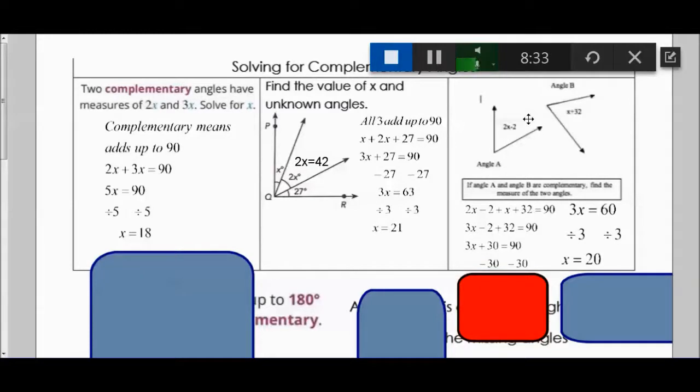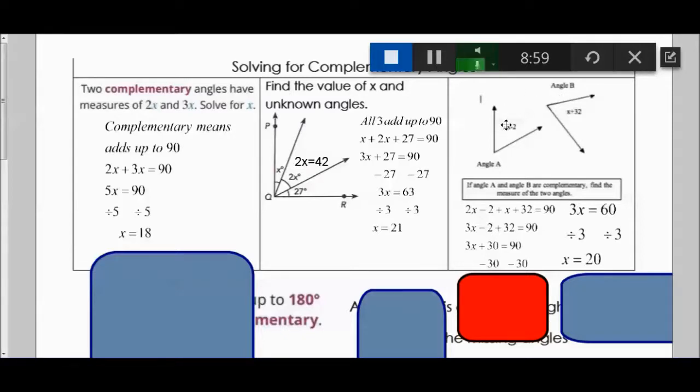So that actually doesn't tell us everything that we need to know here. That tells us what x equals. We really want to find the measure of angle A and the measure of angle B. Angle B is a little bit easier. It's saying that x plus 32 is angle B. Well, if x is 20, then x plus 32 is 52. So the measure of angle B is 52.